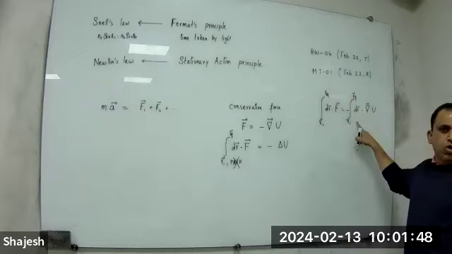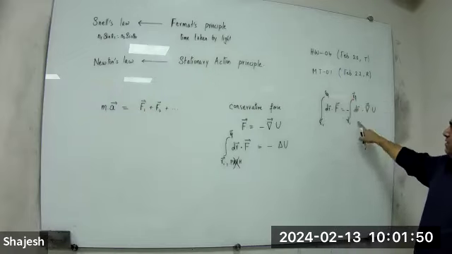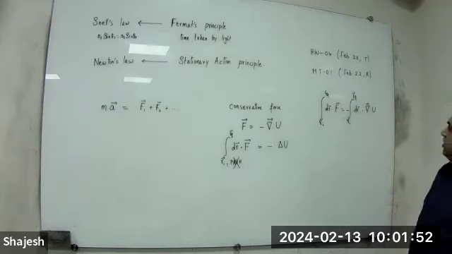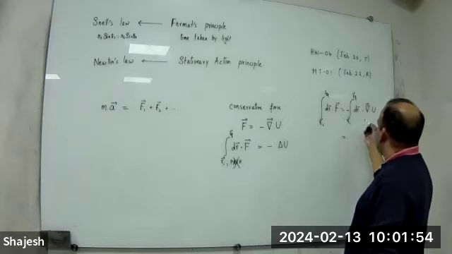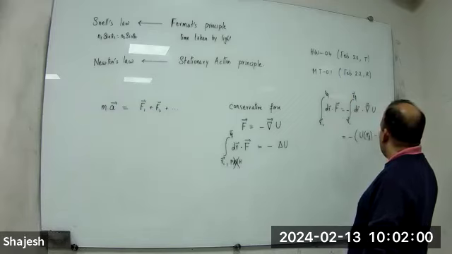Now this has become a total derivative. This is acting on a function, a total derivative. So that simply says minus U of r final minus U of r initial.